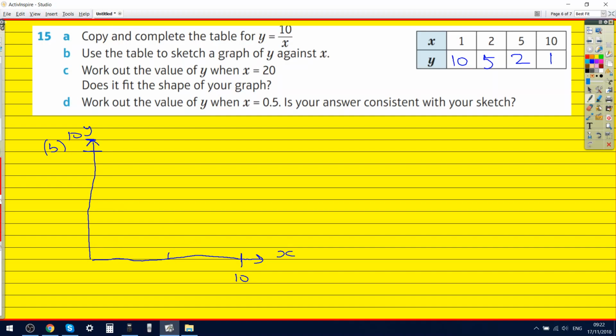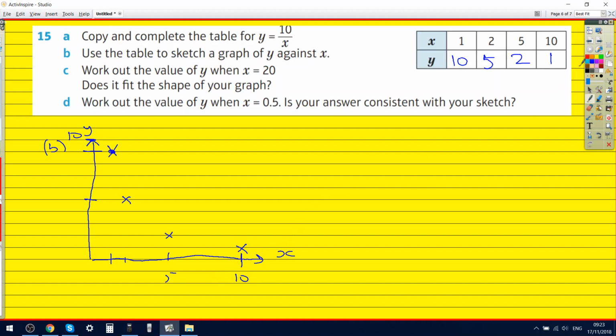Let's say halfway is 5. So 1 is going to be about there, 1 across, 10 up. And then 2, 5. So 1, 2 is going to be about there. And then 5, 2. And then 10, 1.